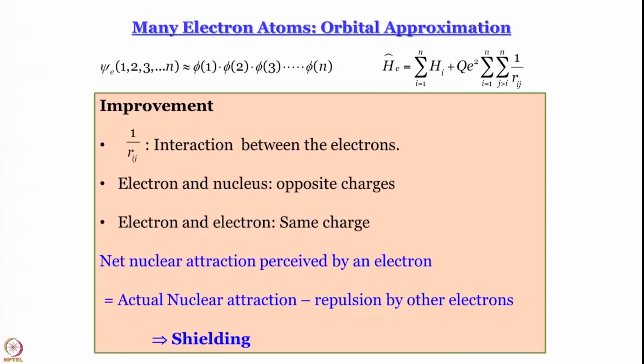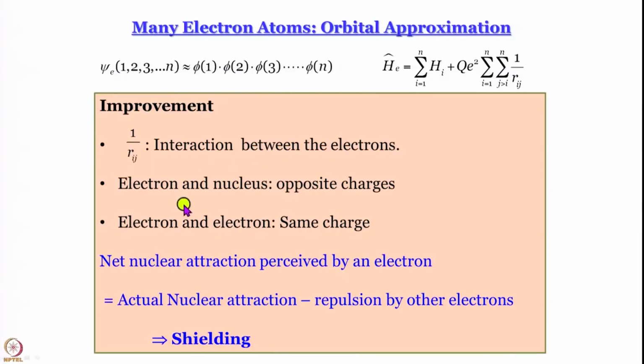What we do is this, we think in this way, and well, there is nothing new for anybody, because this thought process is there from the very early days that you study atomic structure. The thought process is this: 1 by Rij is basically the repulsive interaction between the electrons.